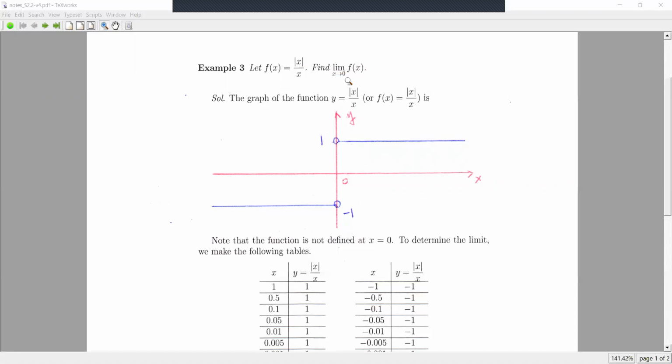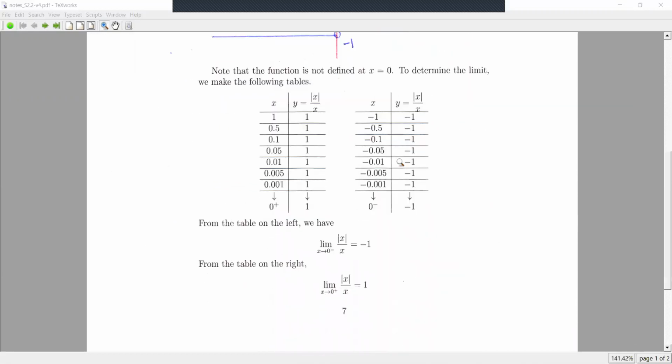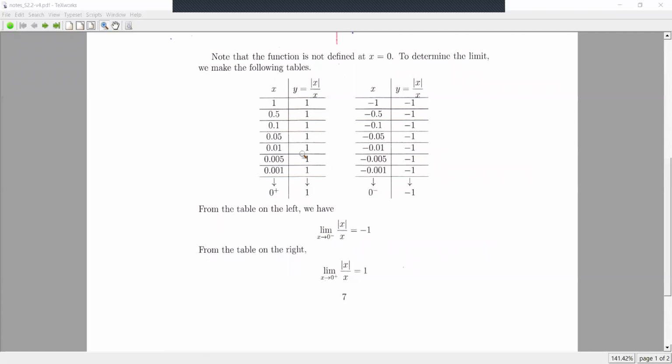I cannot make infinitely many tables to determine the limit. Here, I only make two tables. In the table on the left, I let x approach 0 from the right-hand side by taking these points. The function values at these points are equal to 1.